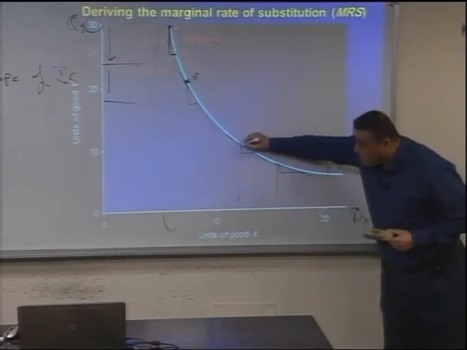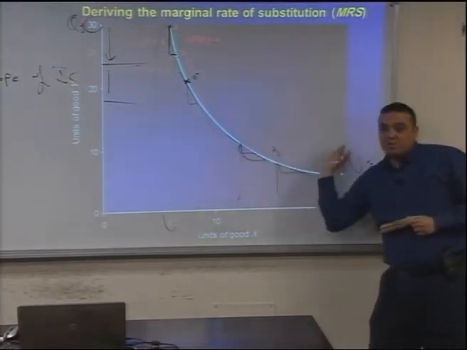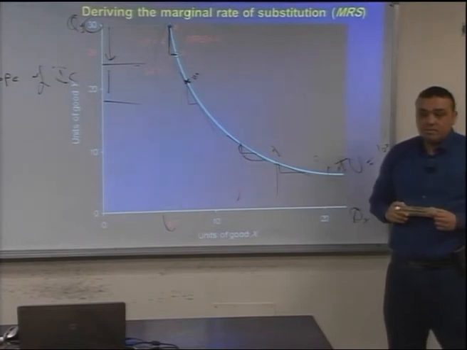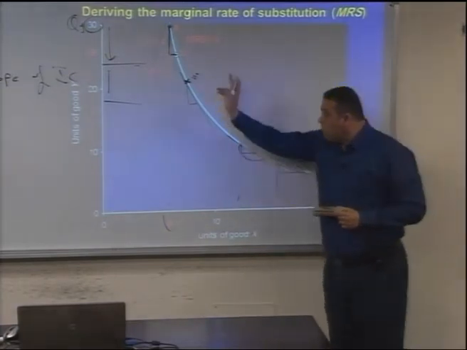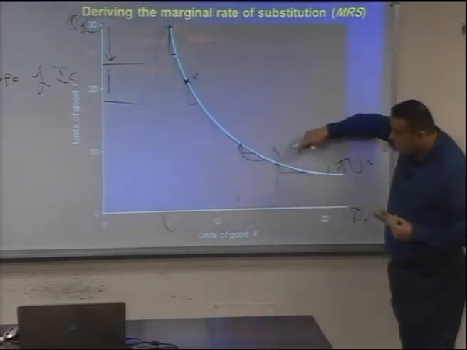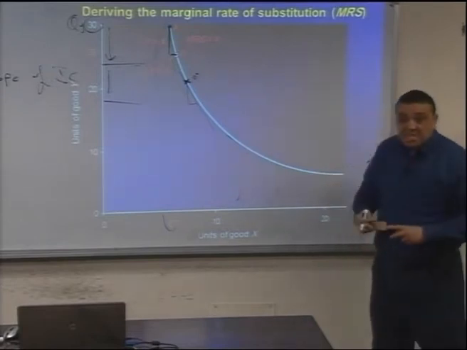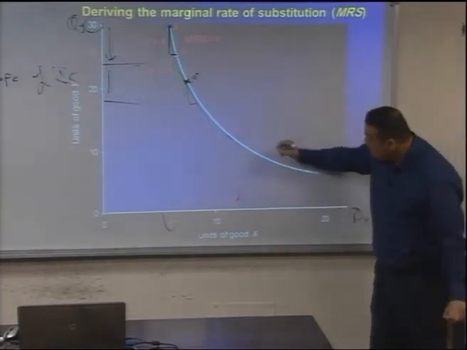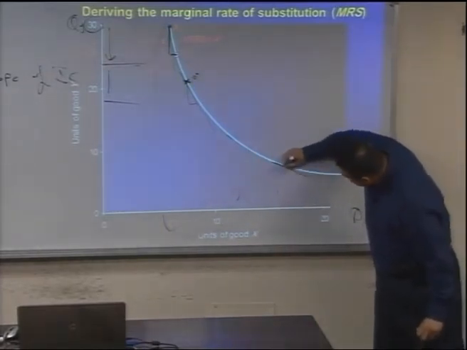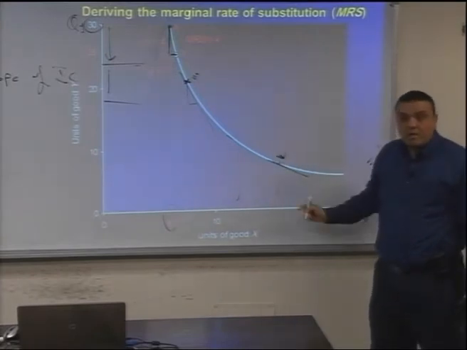The marginal rate of substitution is decreasing as much as we go to the right. When we move from left to right, what do you see? The marginal rate of substitution is decreasing because of the slope at this point, point K, for instance.